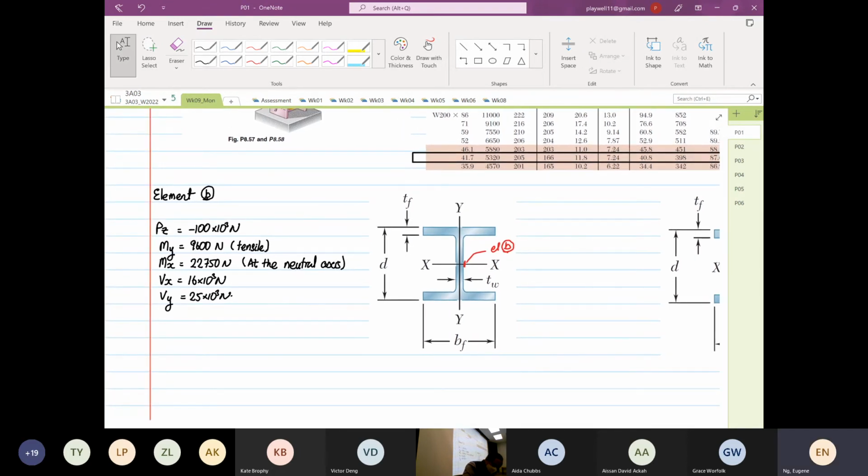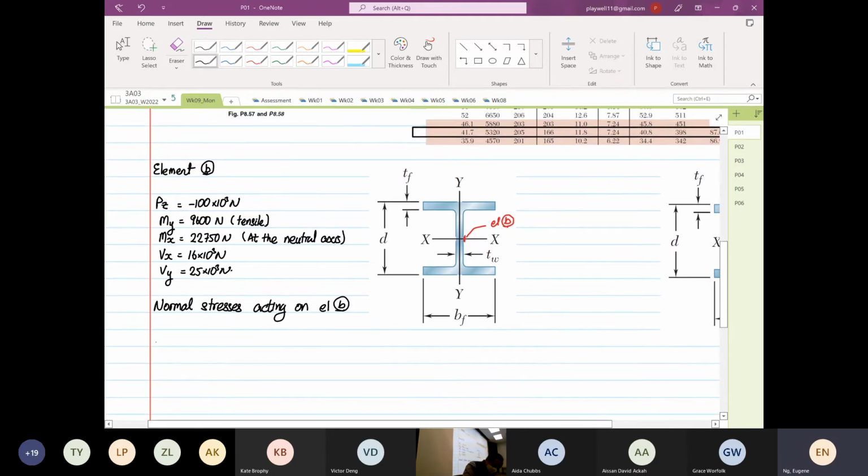So from here, we're going to calculate the normal stress. Normal stresses acting on element B.